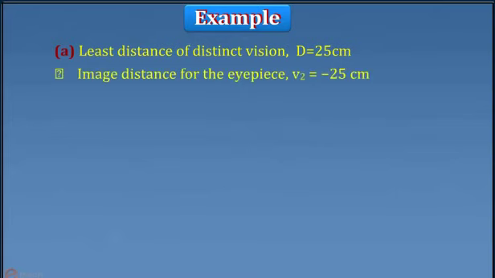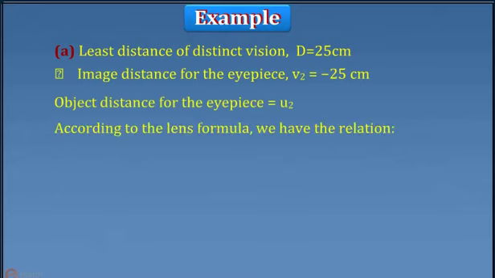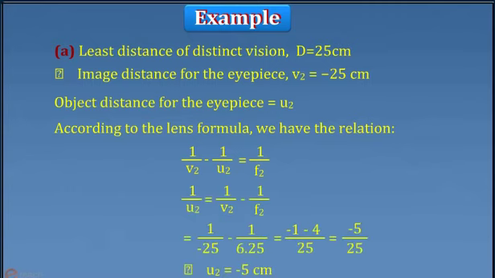Therefore, image distance for the eyepiece v2 is equal to minus 25 centimeters. Object distance for the eyepiece is equal to u2. According to the lens formula, we have the relation 1 by v2 minus 1 by u2 is equal to 1 by f2. On substituting v2 and f2, we have u2 is equal to minus 5 centimeters.